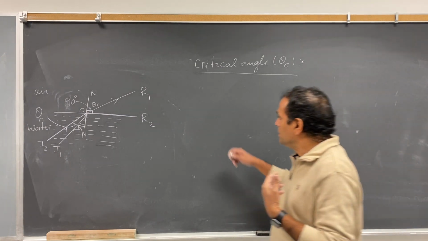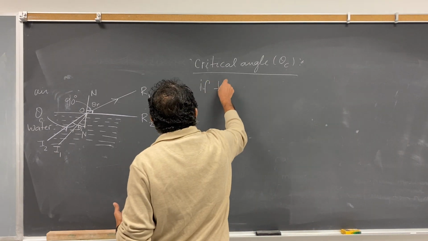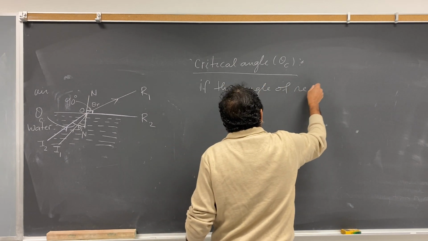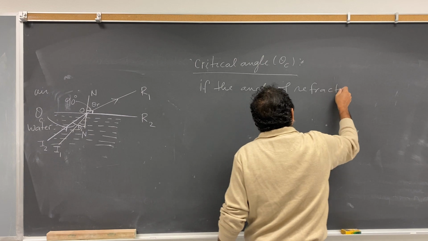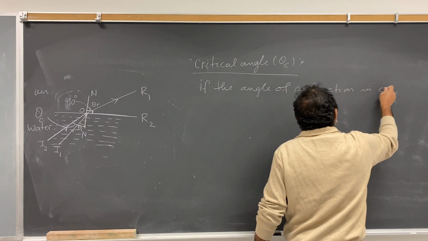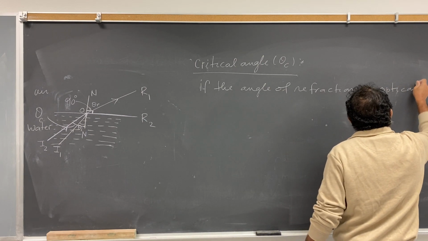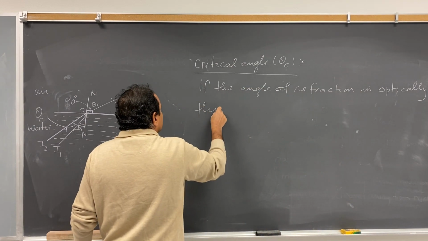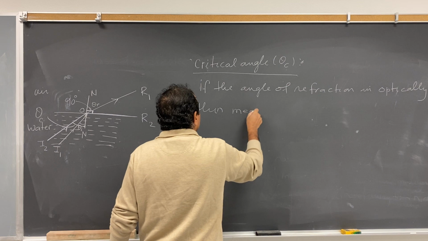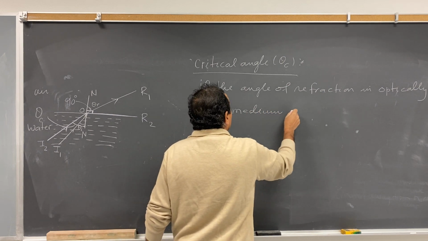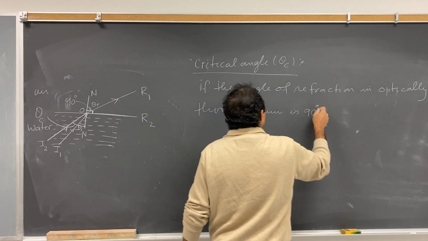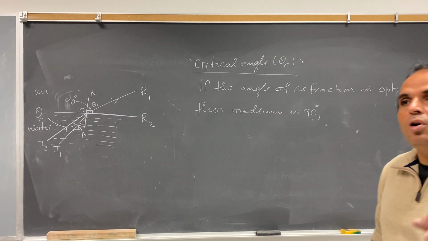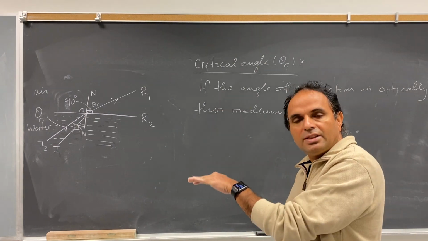Okay, if the angle of refraction in optically thin medium is 90 degrees, then the corresponding angle in optically thick medium is called the critical angle. Please note the condition here: light travels from optically thick medium to optically thin medium.